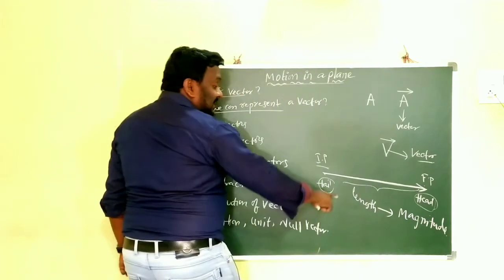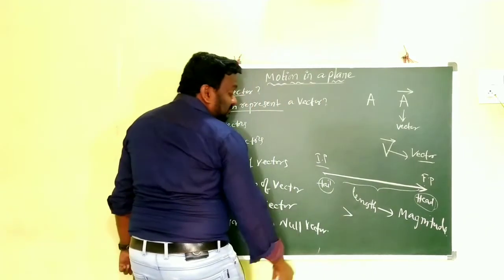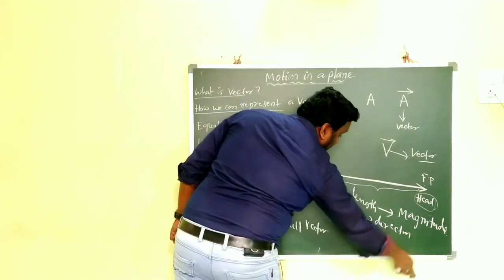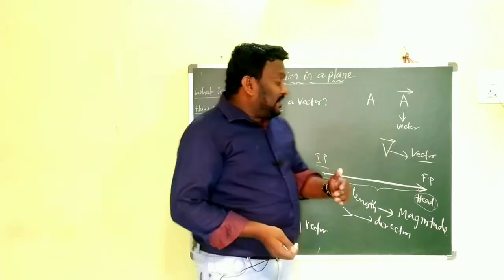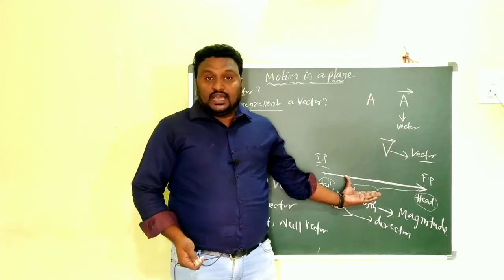What is the length of the arrow? Magnitude. And the arrow mark symbol shows the direction. Got my point, children? While we are representing the vector, we show it like this. This is the vector arrow.